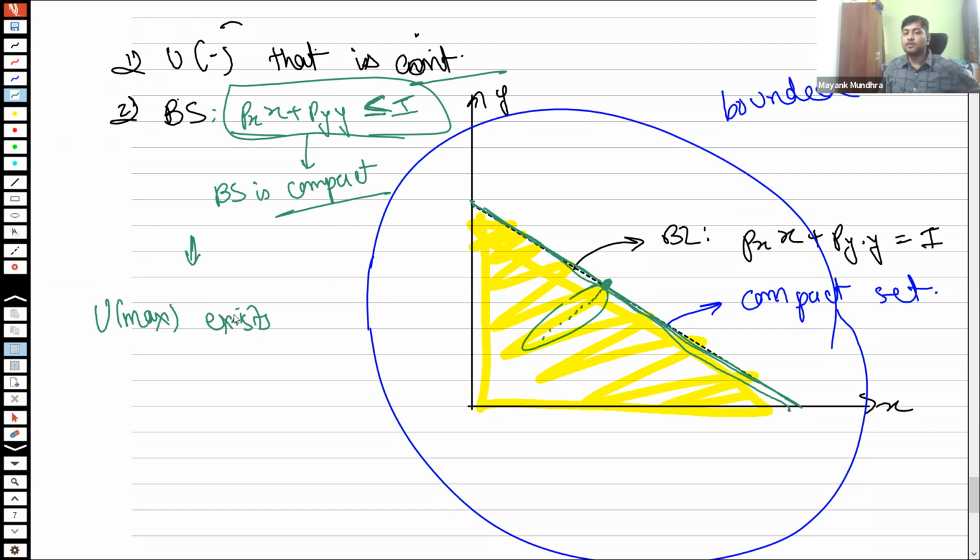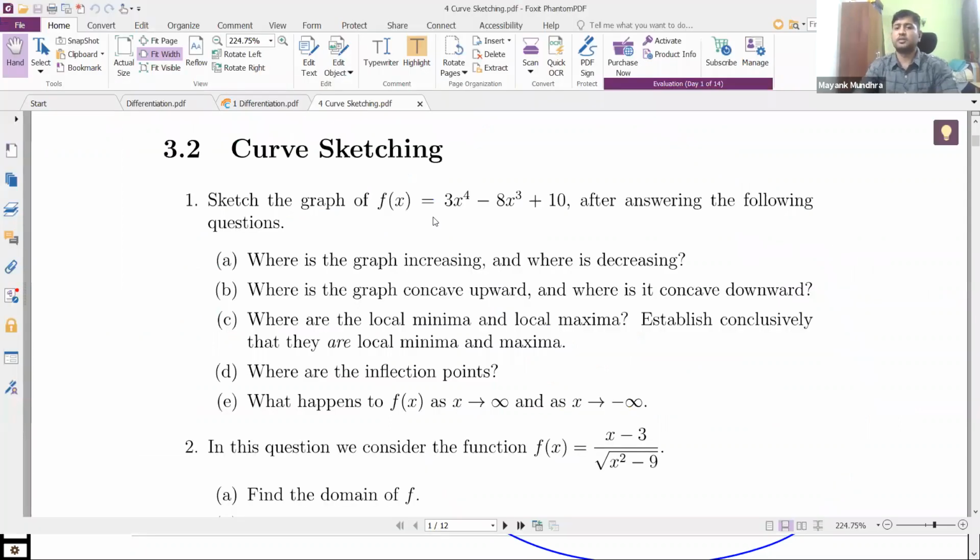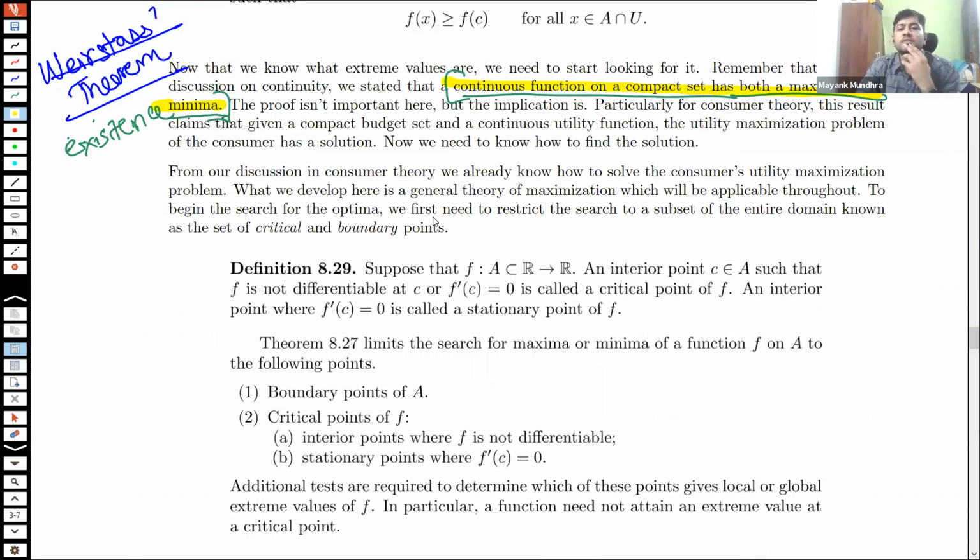I'm looking for utility maximization. All of the first chapter that we did was maximize utility. But we never stopped to ask: what if the utility maxima does not even exist? Can that happen? Okay, so that can happen if any of these conditions is not met. Here we are certain that the utility maxima exists because the budget set is compact.